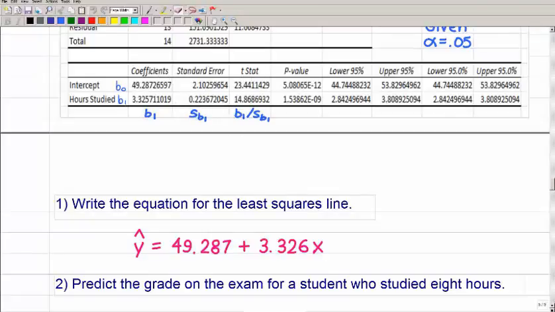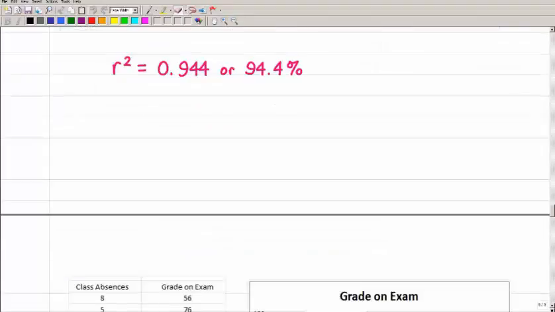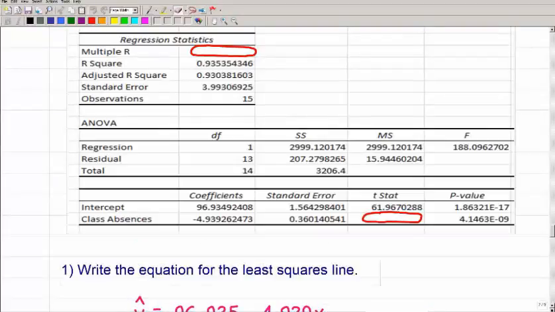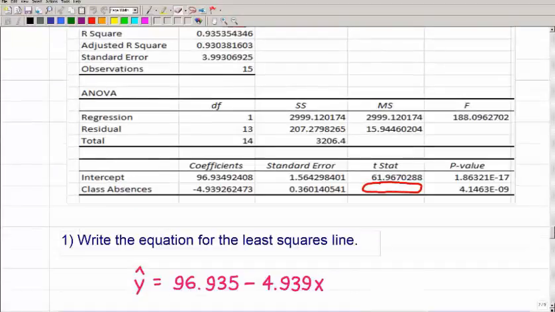Let's go back to our model. And first thing I said is let's write the least squares equation. So notice here are your values, your coefficient values. The y-intercept, the B0, is 96.935. Your coefficient for your slope is on the bottom row, negative 0.4939.